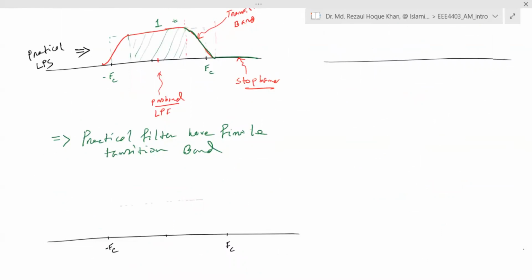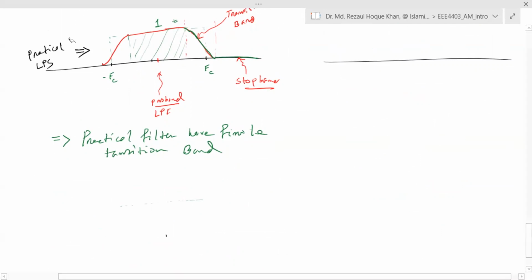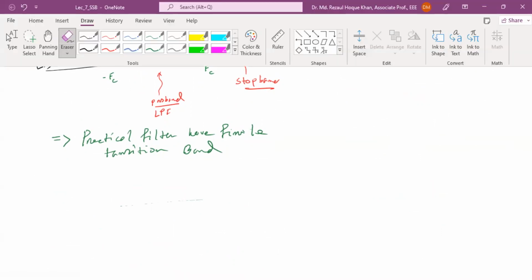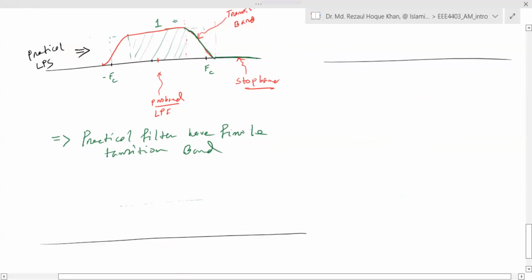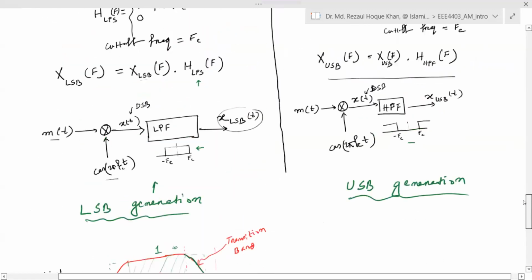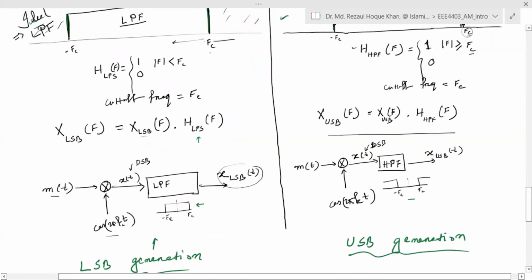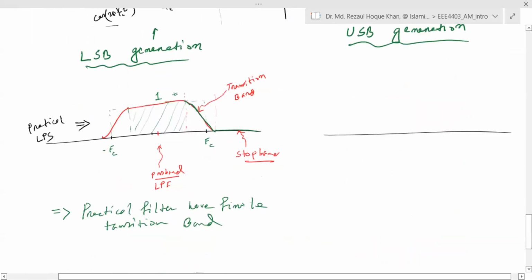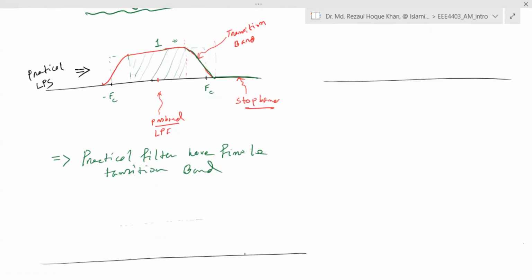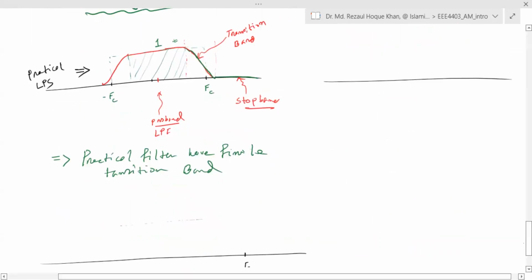Where was the FC before? Somewhere here is the FC. Here is the center. Here is the minus FC.